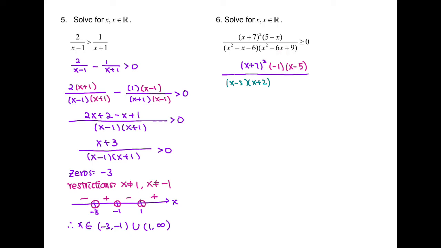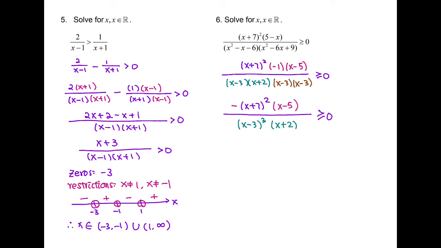The second bracket can be factored into x minus 3 times x minus 3. Then, let's simplify the rational expression that is on the left-hand side. Then we're going to have x minus 3 to the exponent 3 times x plus 2 in the denominator.